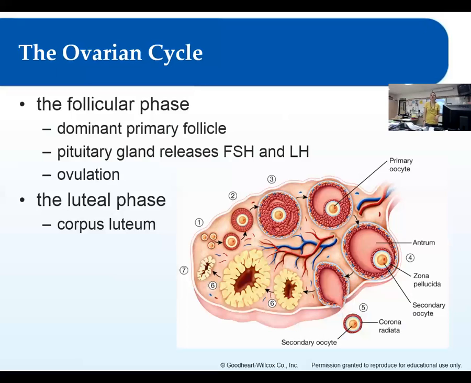Ideally, ovulation occurs about day 14 of the menstrual cycle. Now, here's the thing. You can't always assume that ovulation is going to occur right in the middle of the cycle. It doesn't always occur 14 days after the end of the last menstrual cycle. But it should ideally come 14 days before the next menstrual cycle.